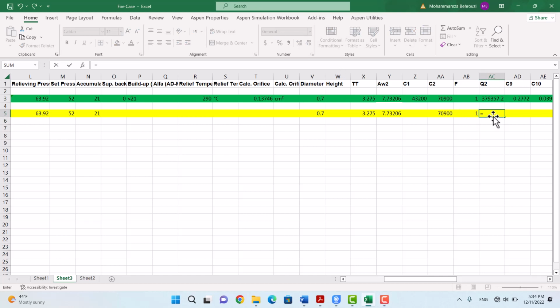It equals... as you can see here, the total heat absorbed by these vessels is this amount.